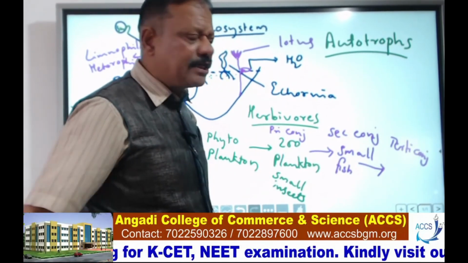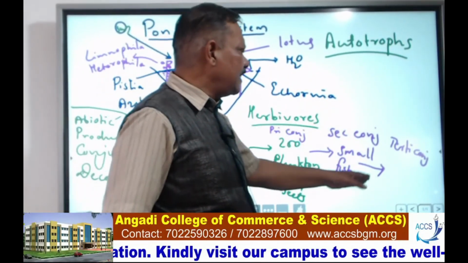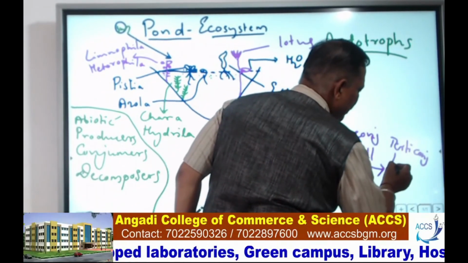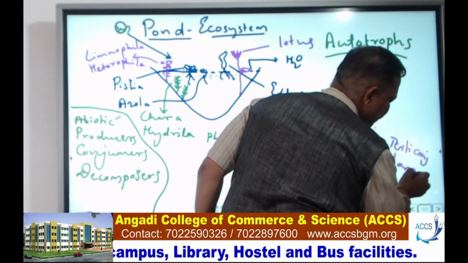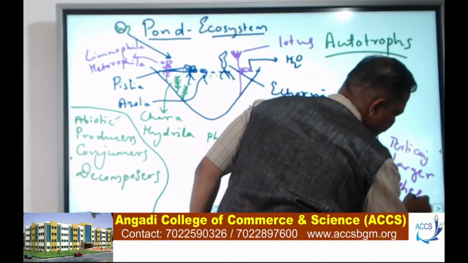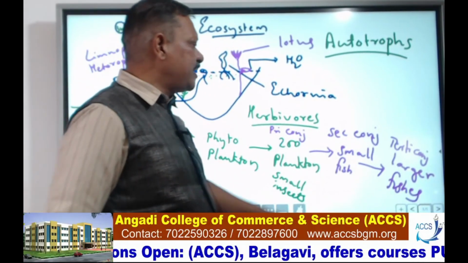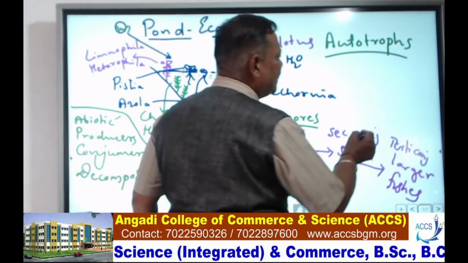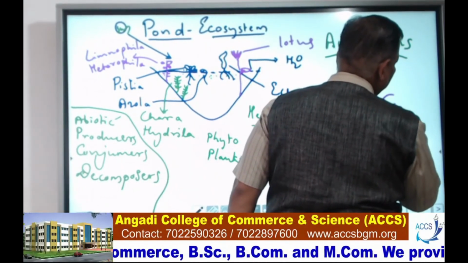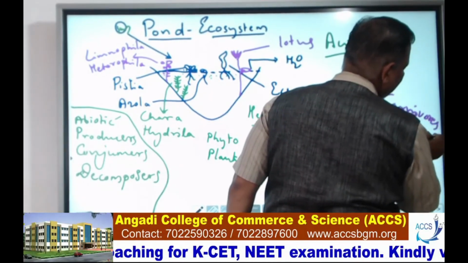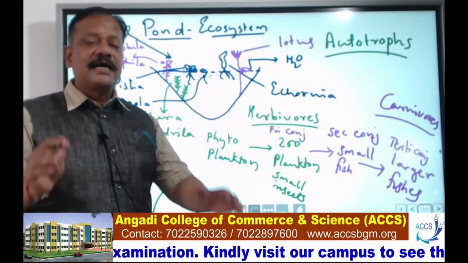Primary, secondary, tertiary consumers. In tertiary consumers, we are including larger fishes. Larger fishes we are considering as tertiary consumers, and we are calling them carnivores. So, tertiary consumers are called carnivores.